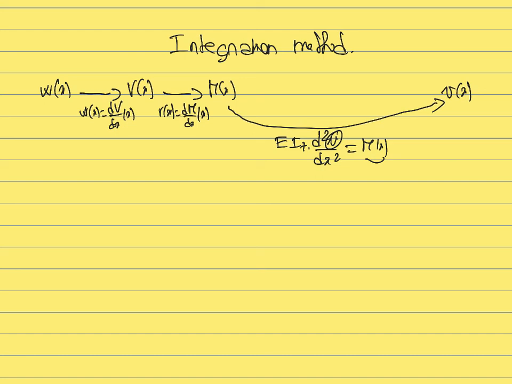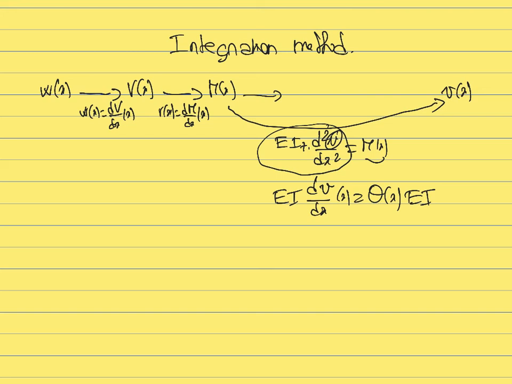In practice, we also know that the first derivative of the deflection at a given x is equal to its angle. So if you multiply this expression by EI on both sides, then if you integrate the moment 2 times, what you get is EI times the deflection v.